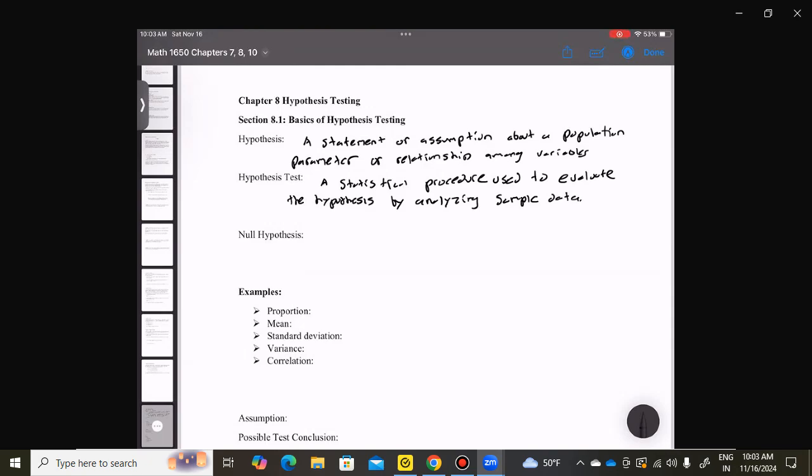The null hypothesis, we'll want to see two hypotheses for every problem. The null hypothesis is a default statement that assumes no effect, difference, or relationship between the variables.